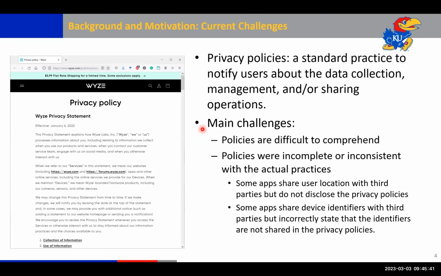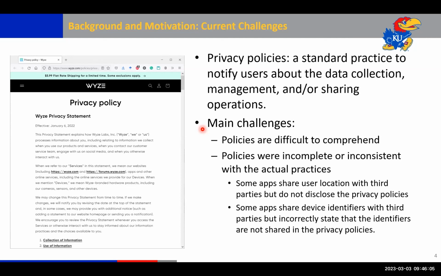Currently, what are the challenges? Privacy policies are a primary way to communicate with users about their practices. When you download an app, you look at the privacy policy to see what the app does. But there are problems with privacy policies. They are difficult to comprehend. Sometimes the language is so difficult that a normal user is not able to understand what they are talking about.